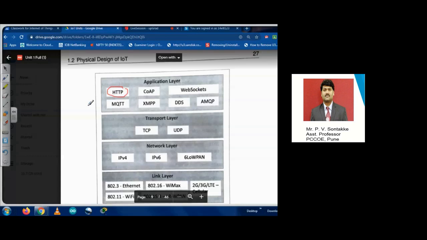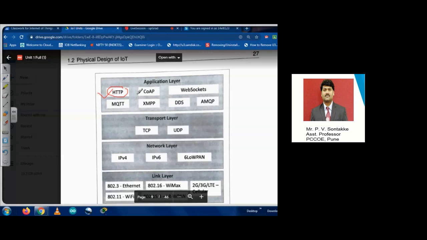The client sends the request to the server, and the server responds to that particular request by providing the services or the web page to you. So it is client to server communication, and HTTP can use a variety of commands, just like the get command, put command, post command, delete command, to interact between the client and server. It is very widely used.